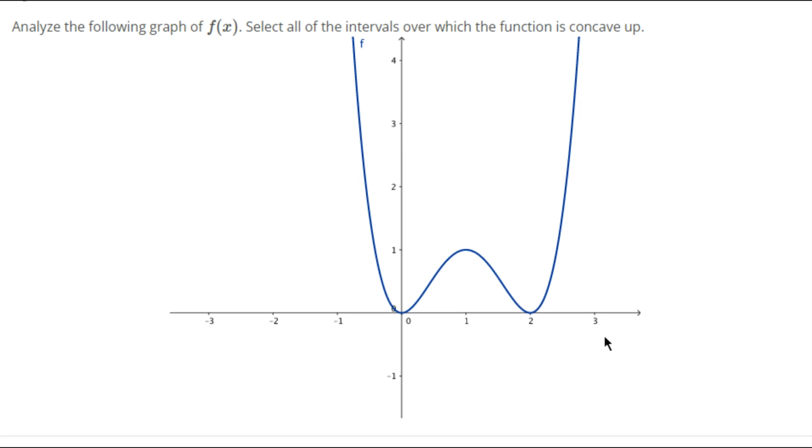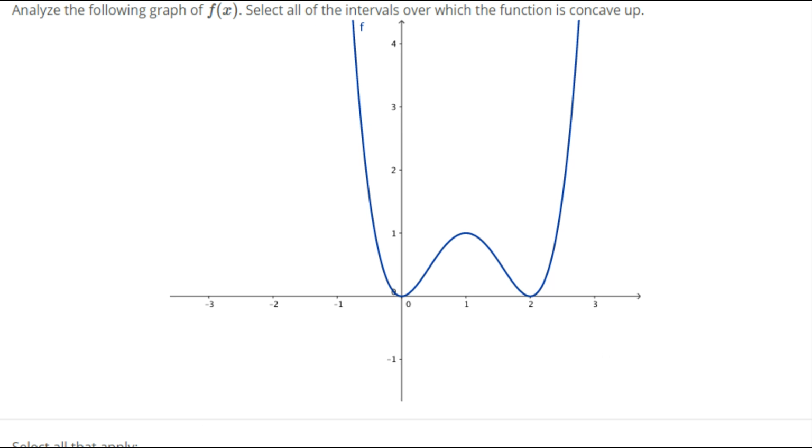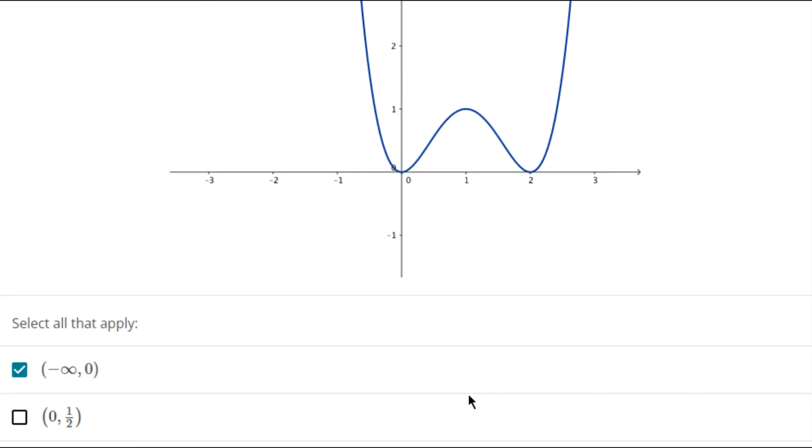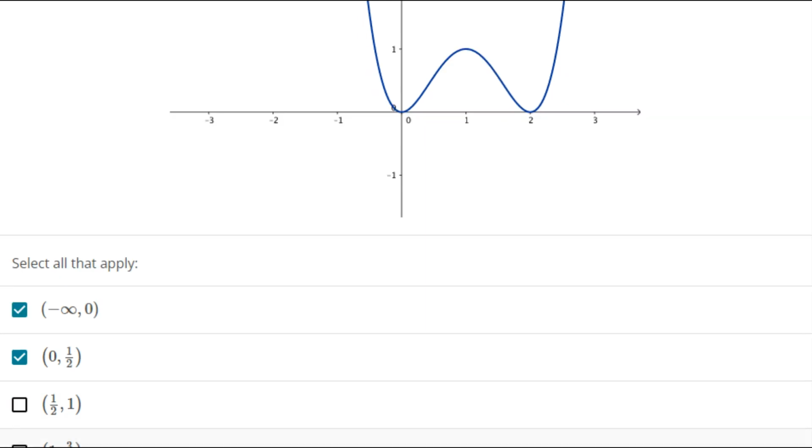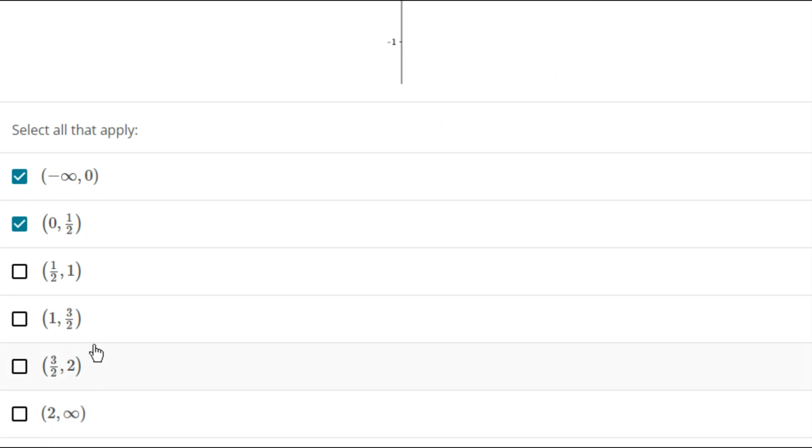So from negative infinity to 0, it is concave up everywhere in that interval. And from 0 to 1/2, it is concave up in that interval. But from 1/2 to 1, it is not concave up. And from 1 to 3/2, it is not concave up. But in these two places, it is concave up.